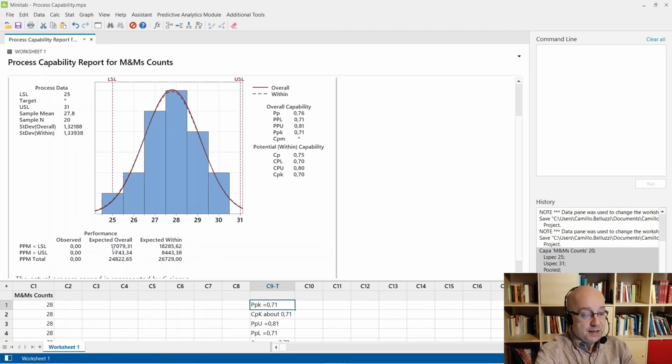Well, we can see here 17,000 ppm. ppm means parts per million. 17,000 ppm means that in my future production, if I produce for 1 year, 2 years with this new primary packaging machine, I will obtain 17,000 bags per million outside of the lower specification limit, meaning values below 25, so outside on this side of the graph.